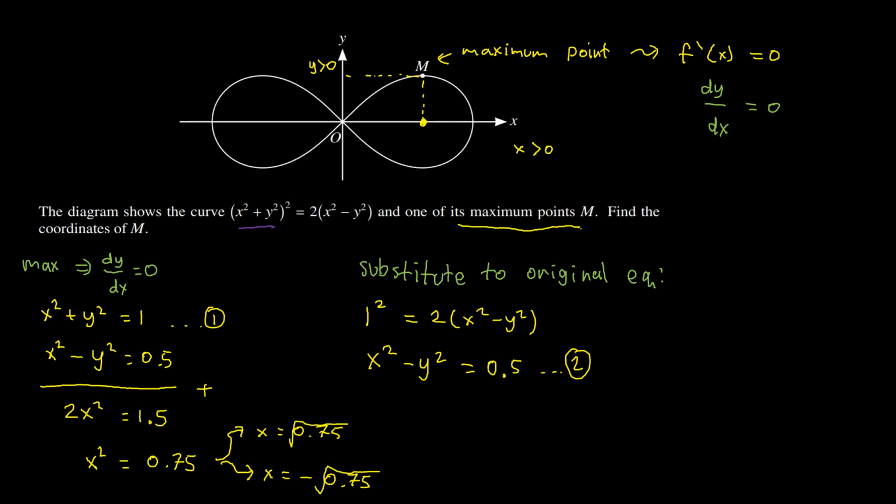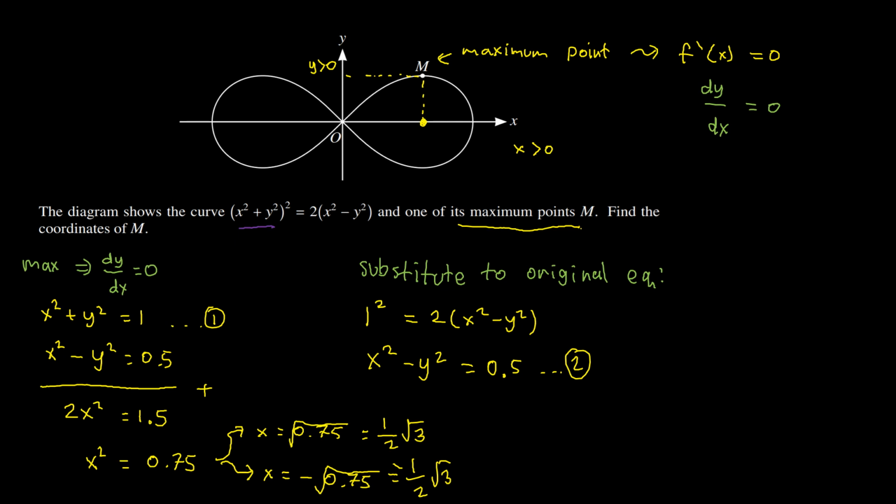And remember that 0.75 is 3/4, yes. So when we take square root of 3/4, we will get 1/2 square root of 3. Yeah, this is 1/2 square root of 3, and this is negative.